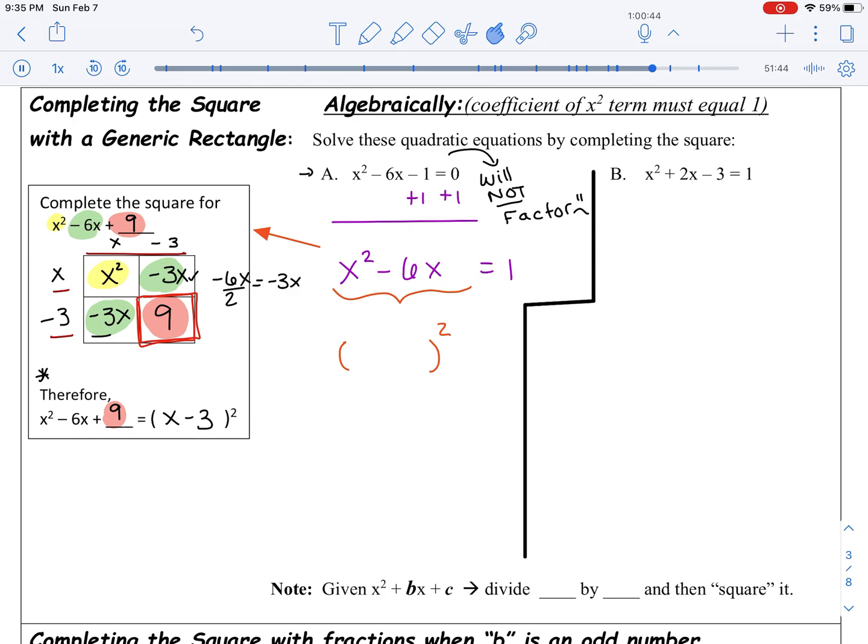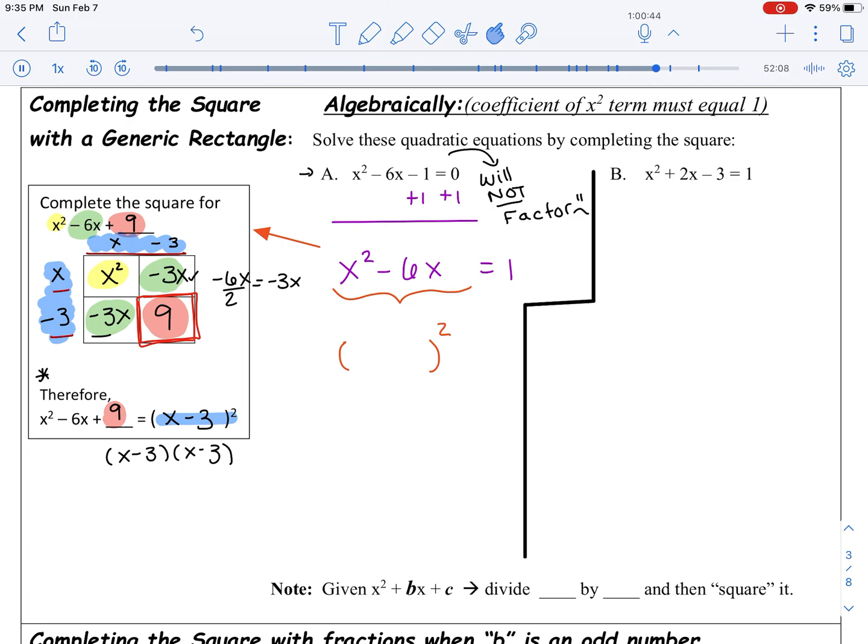That x minus 3 squared comes from the fact that the length and the width of my square are both x minus 3. I could also think of it as x minus 3 times x minus 3, but we want to keep the shorter version to help us later on.